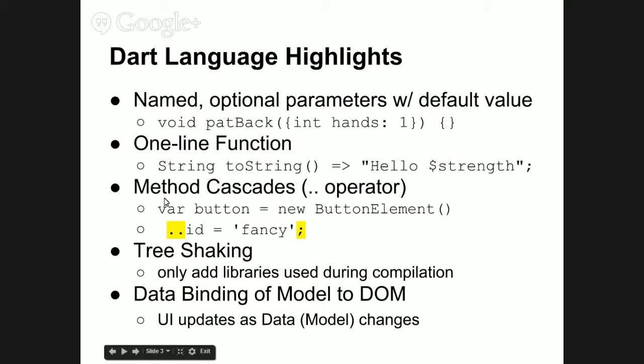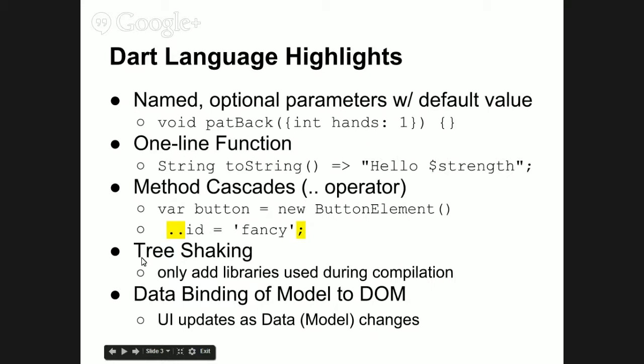They also have what they call method cascades, kind of like the dot notation in JavaScript. You can keep on doing dot dot to set properties in a class, on a new line each time, until it terminates with a semicolon.